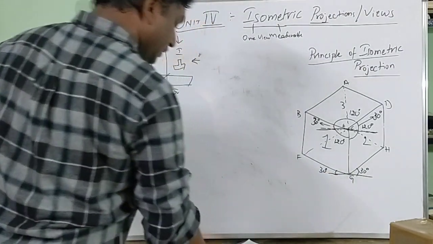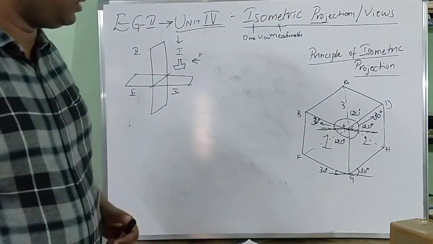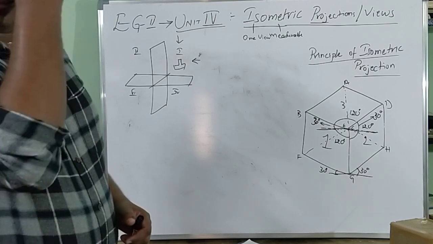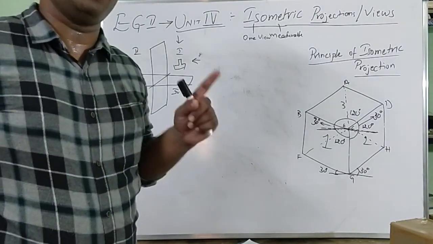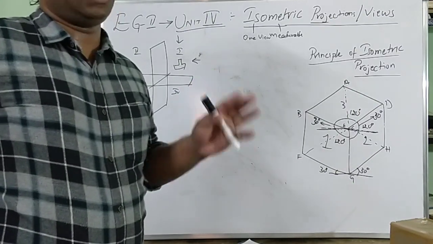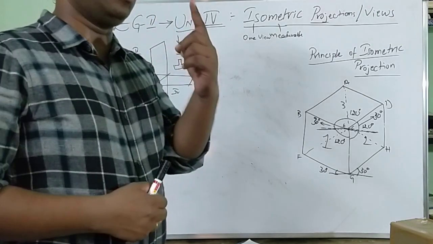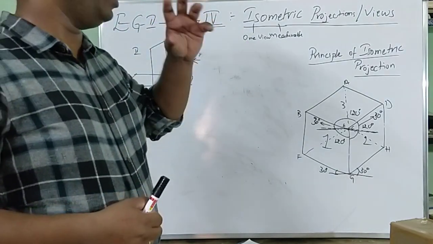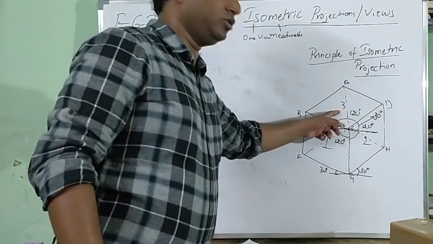Hope you all understand. One face, second face, third face, 3 faces we are viewing in one particular view. That means 3 square faces of a cube are able to be seen in one particular view: the left face, right face and top face.